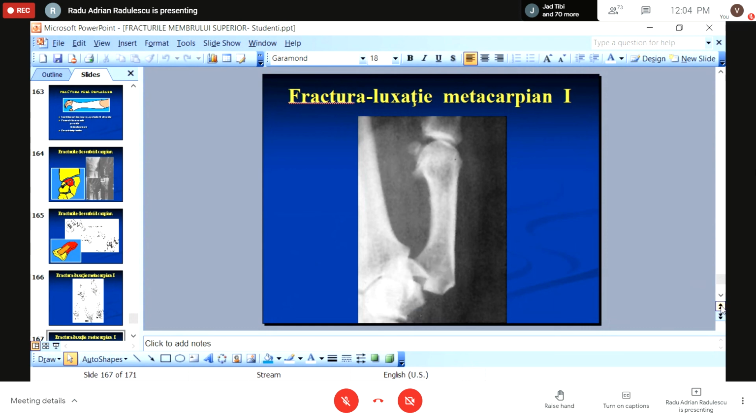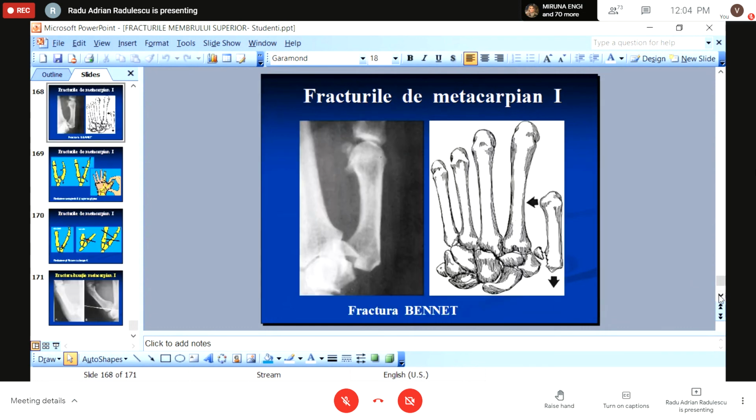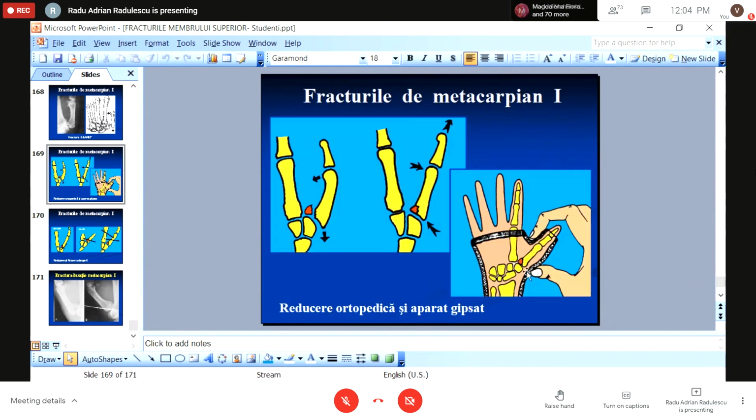Being an articular fracture, it should undergo reduction, so we can perform a closed reduction, like we can see here, putting the first finger in an abduction position. So first of all, we need to reduce the dislocation of the first finger to the carpal bones.